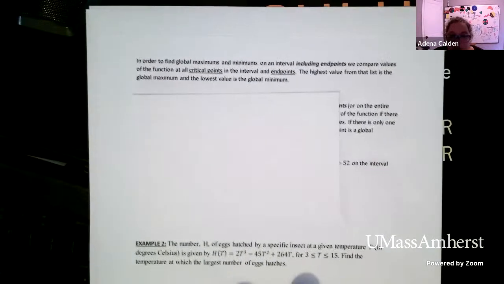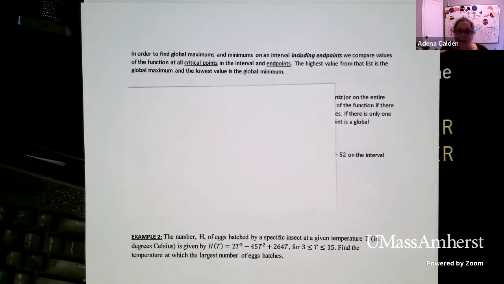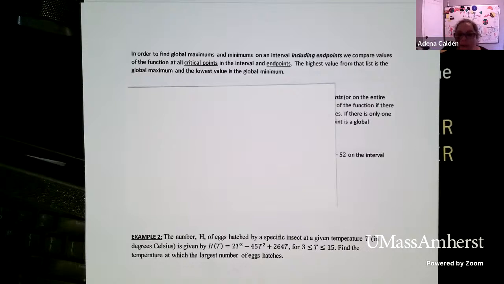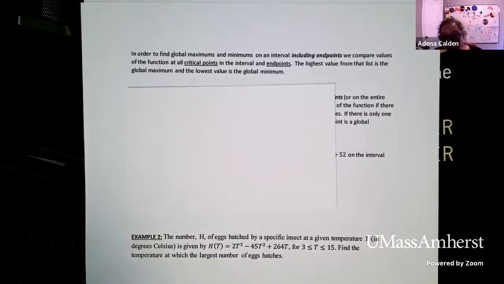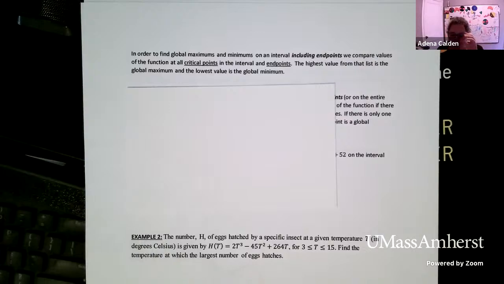The summary here is that in order to find global maximums and minimums on an interval that has endpoints, we compare values of the function at critical points and endpoints. The highest value from that list is the global maximum, and the lowest value is the global minimum.